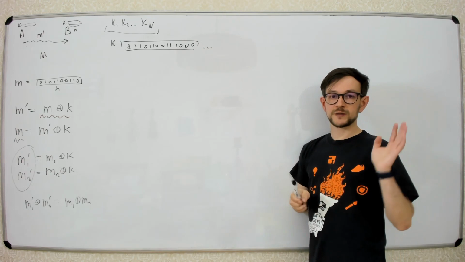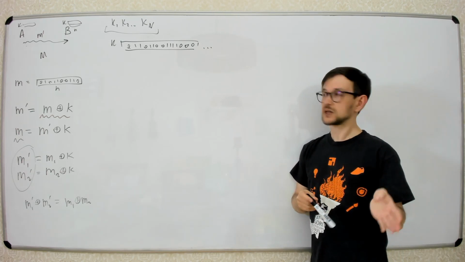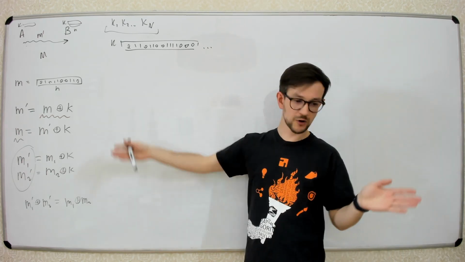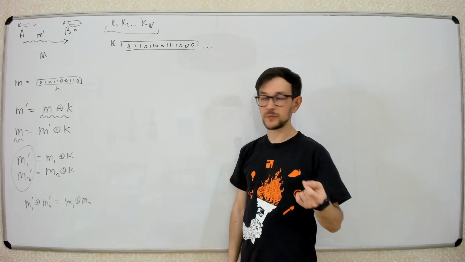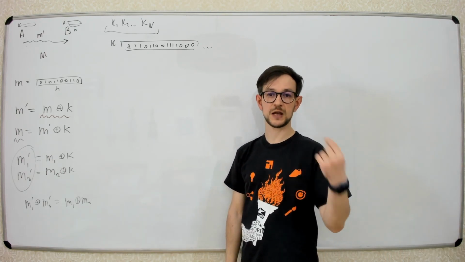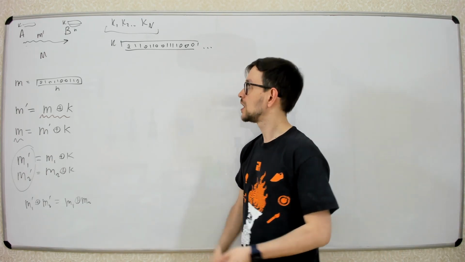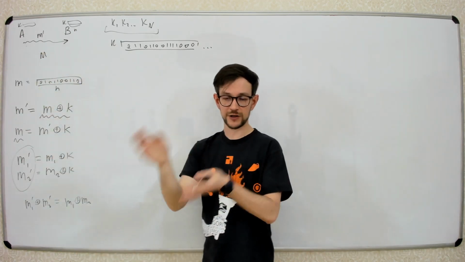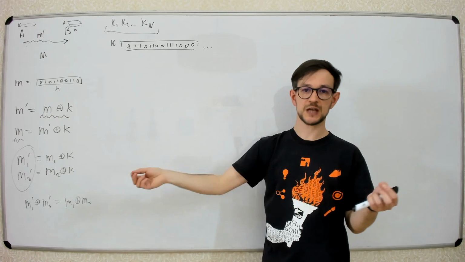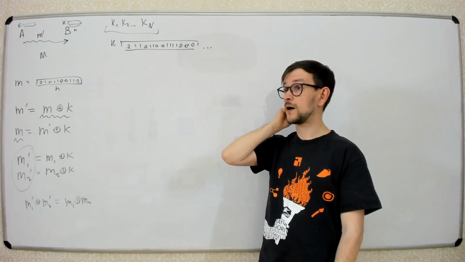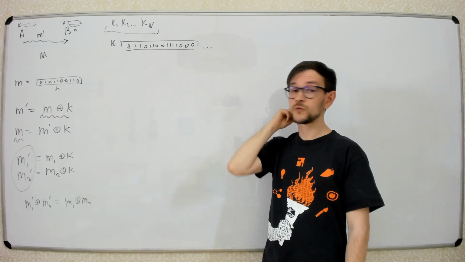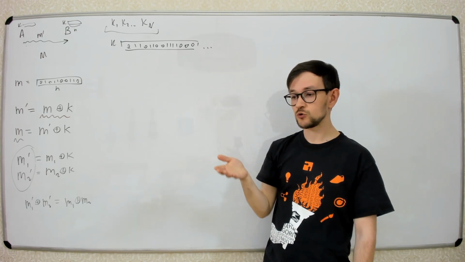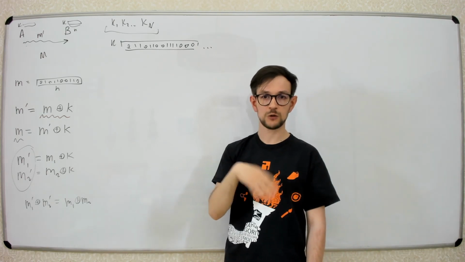So if you have a random bits generator, you can generate an infinite number of bits. The problem is that A and B need to have the same generator. So you must give A and B exactly the same random generator, so they generate the same bits. Usually in your computer you use some pseudo-random generators.